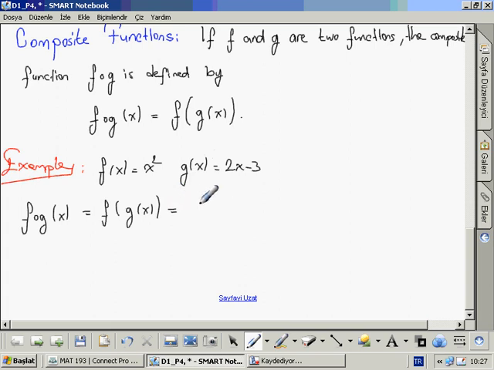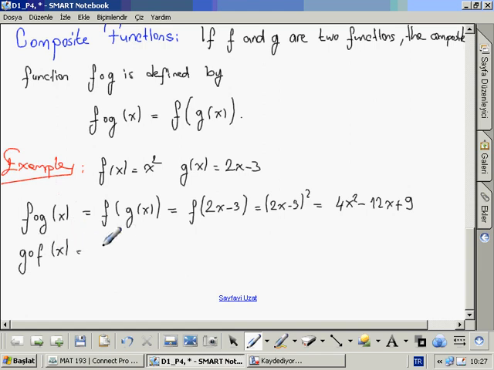And g of x was 2x minus 3, and when you put 2x minus 3 into x squared, you will obtain 2x minus 3 squared, which is equal to 4x squared minus 12x plus 9.